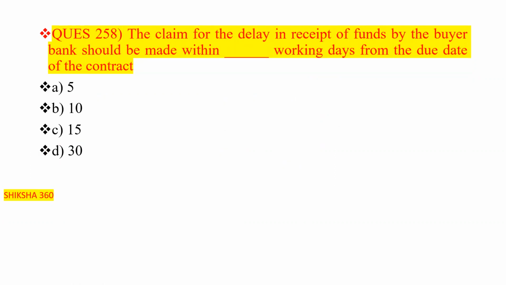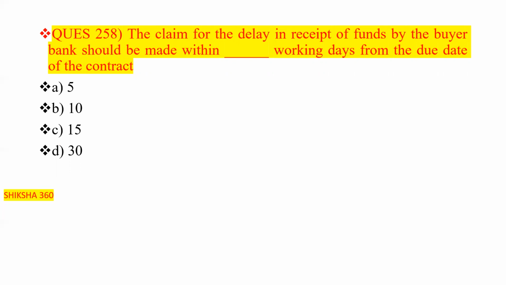Okay, now move to the next question. The claim for the delay in shift of funds by the buyer bank should be made within dash working days from the due date of the contract. That is the time limit for the claim of delay.